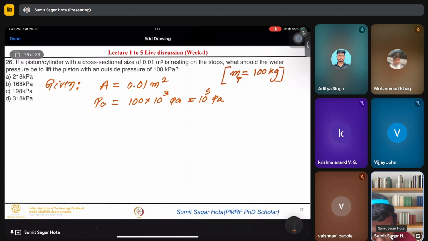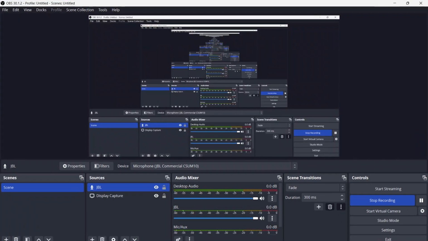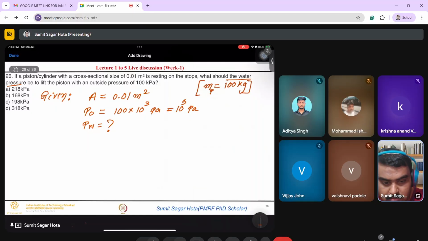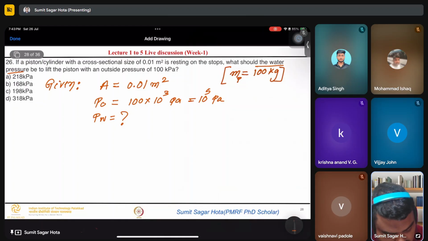What we need is the water pressure, so PW we want. So let's go to the solution.